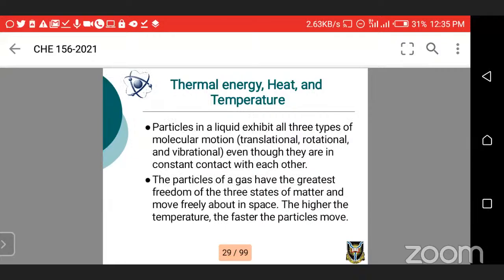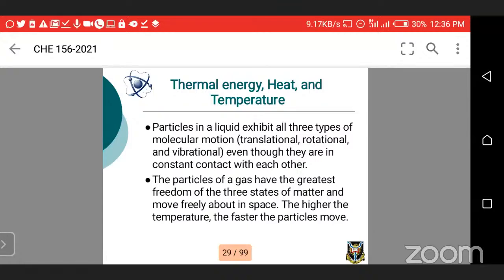Particles in a liquid exhibit all 3 types of molecular motion: translational, rotational, and vibrational, even though they are in constant contact with each other. And like we have been taught in secondary school, the particles of a gas have the greatest freedom of all the 3 states of matter: solid, liquid, and gas.